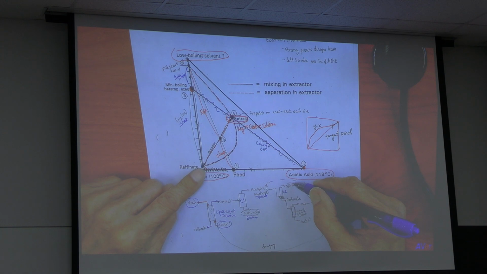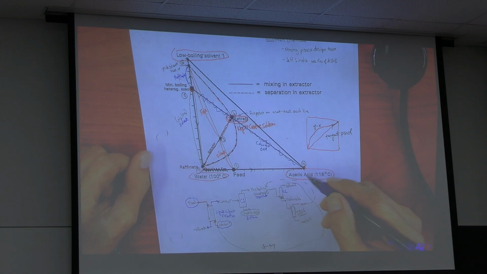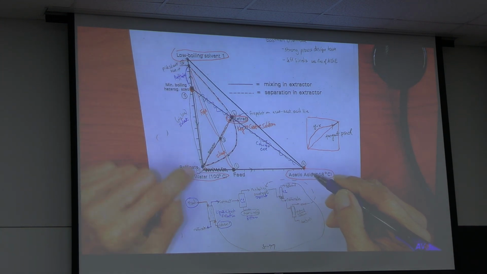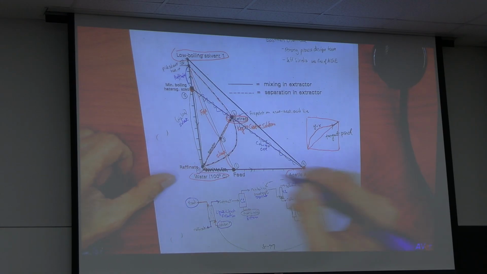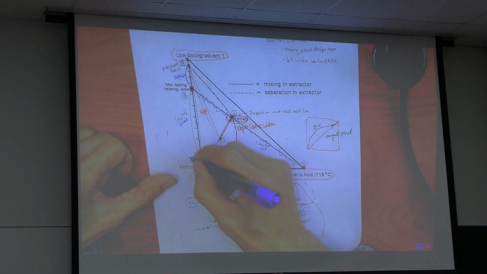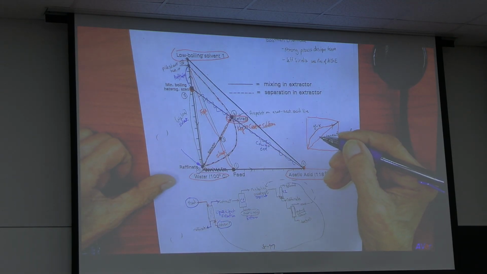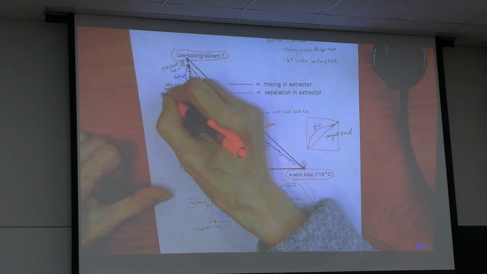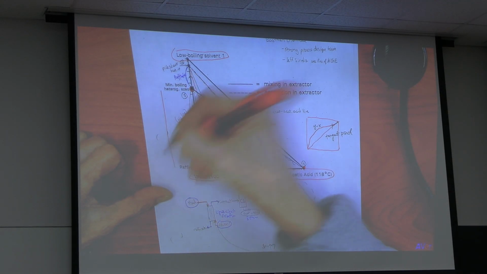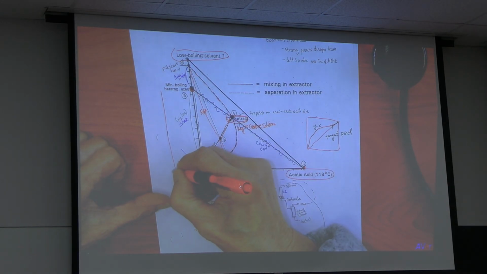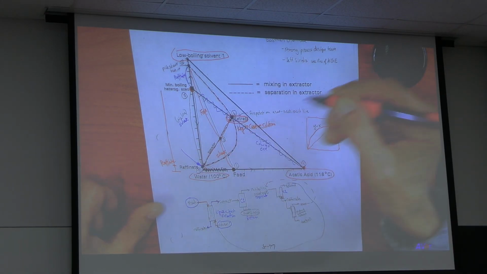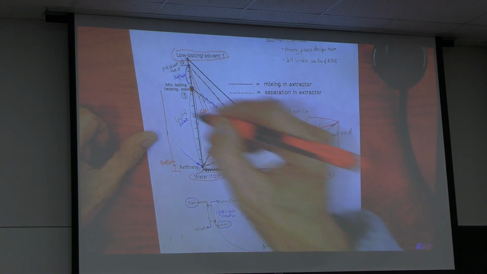Right? Column 1, you get solvent, raffinate. Once you get this raffinate, you can still separate. You look at here, raffinate. Can you see it? You can see it.